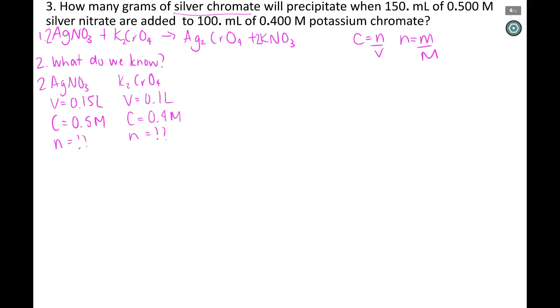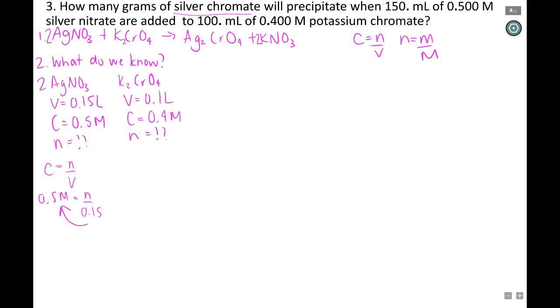So if we work out how many moles of our silver nitrate and our potassium chromate, that is C equals N over V, we then rearrange that. So we know that 0.5 mole equals N over V, and we know what our volume is, which is 0.15.